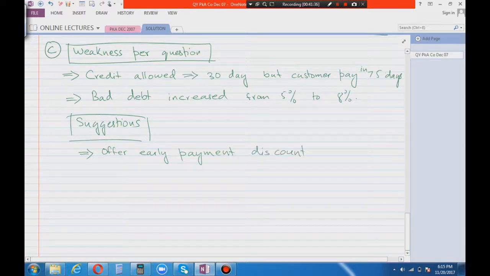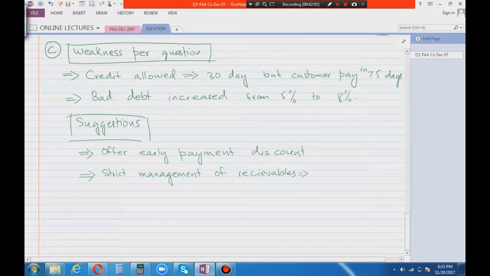What else can we do? Maybe we should start strict management of our receivables. What do you mean by strict management of receivables?